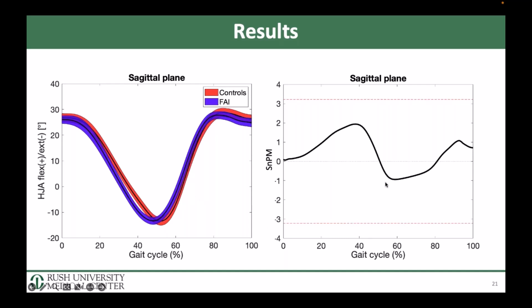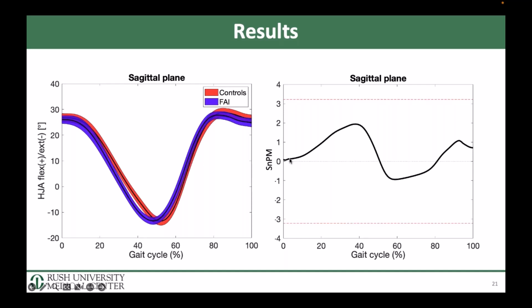Then if we look at the graph on the right-hand side, it contains some information in terms of the statistical analysis that was performed. That's statistical non-parametric mapping, and basically consists in performing the test for each of the points of the time series.